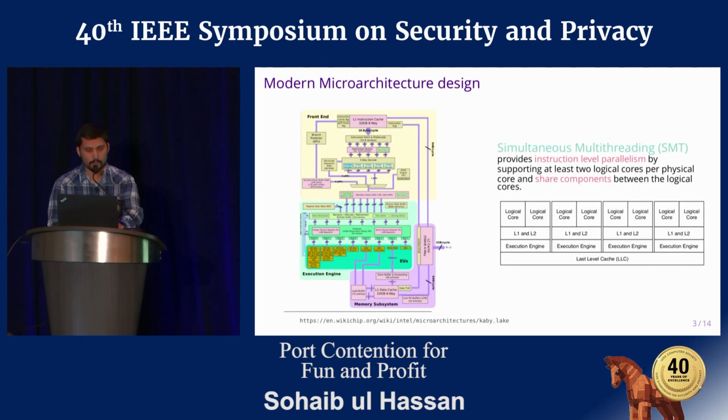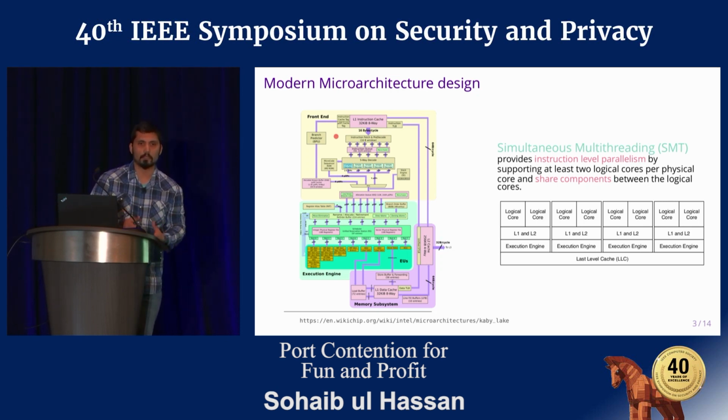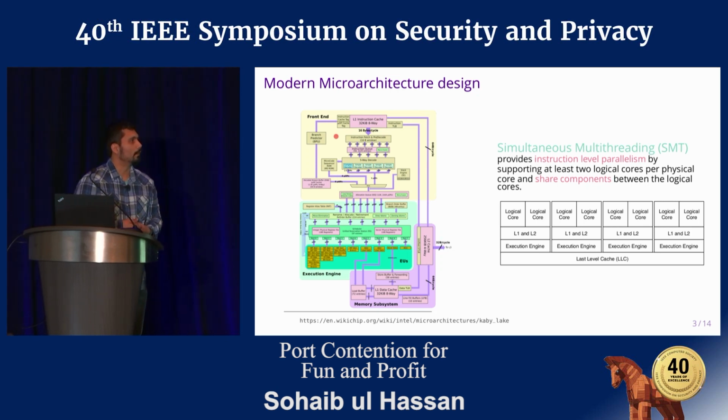This is a figure of a typical modern microarchitecture. It's been taken from the internet, so this should be pretty close to the actual architecture. As we all know, traditional approaches to microarchitecture design have focused more on performance while limiting the silicon area and power dissipation.